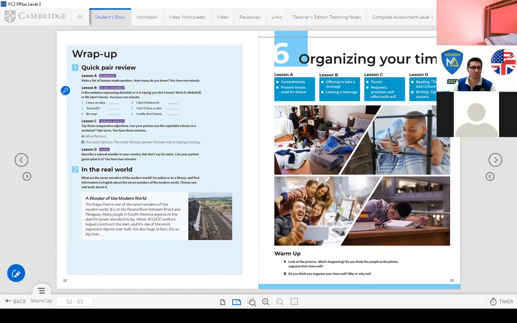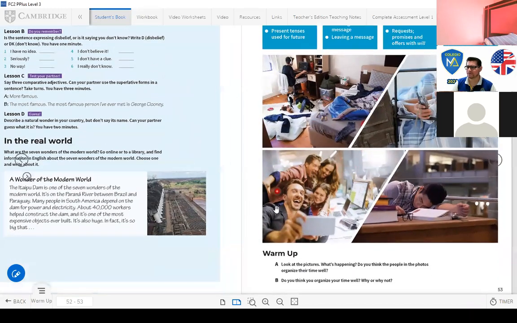How do you organize your time? Let me do something for a moment, please. Organizing your time. Look, what do we have here? It says warm up. Look at the picture. What's happening?